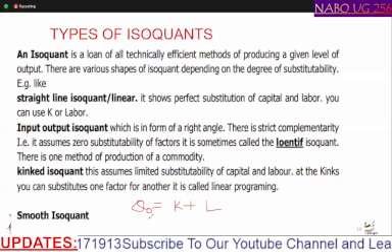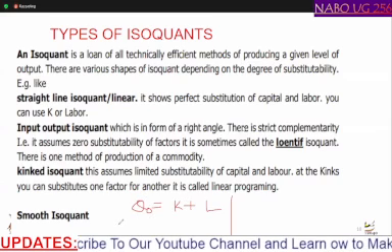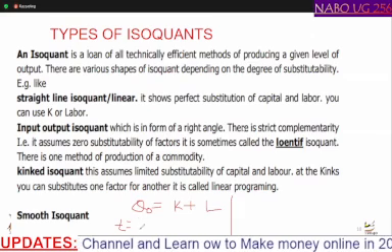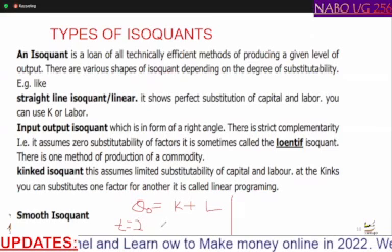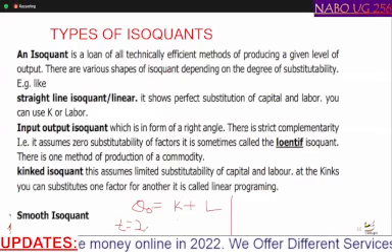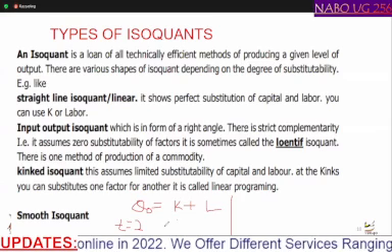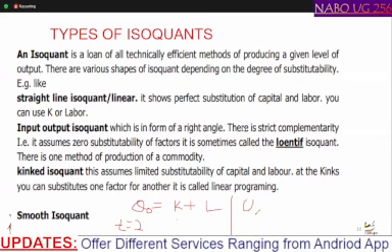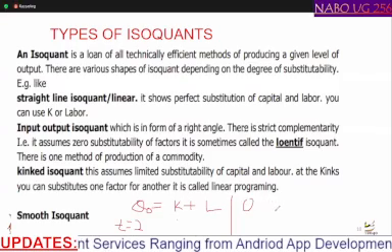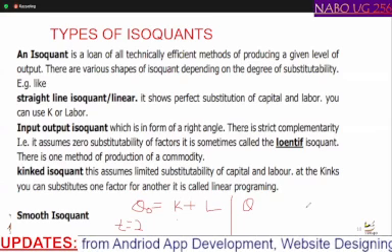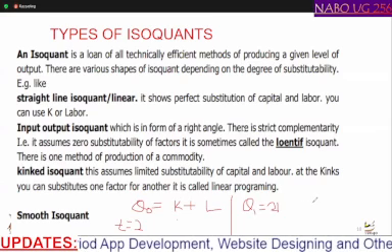Now, if I increase my T to 2, doubling the inputs, what will be the new output if capital doubles and labor also doubles? Q1 becomes 2K plus 2L.